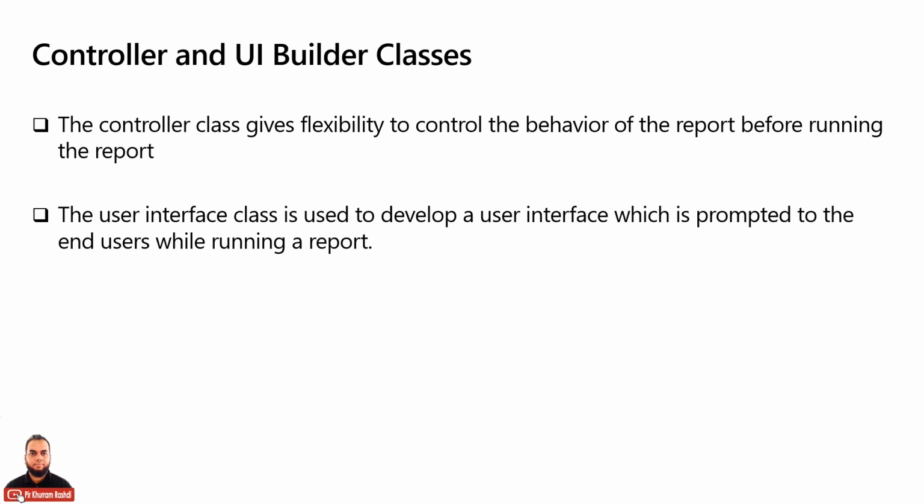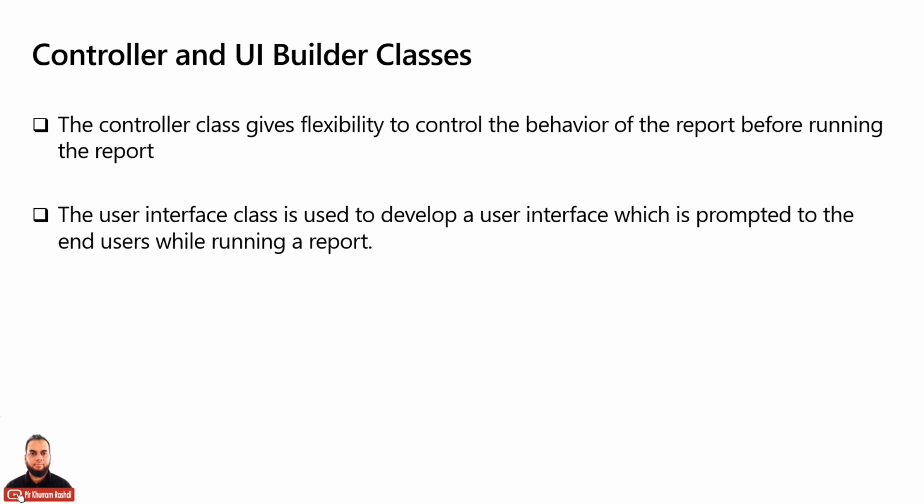And what is the user interface class? Basically, it is for interacting with our user interface, when a dialog box appears before running a report. For example, if you want to run a report in a batch and send it as an email, or if there are certain parameters or filtering criteria which you need before rendering the report.